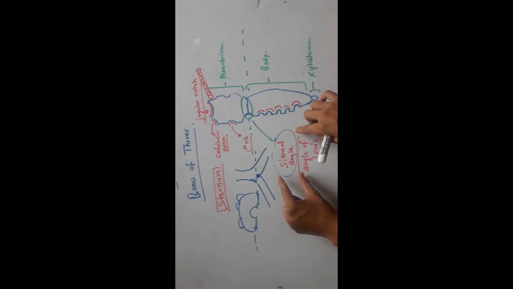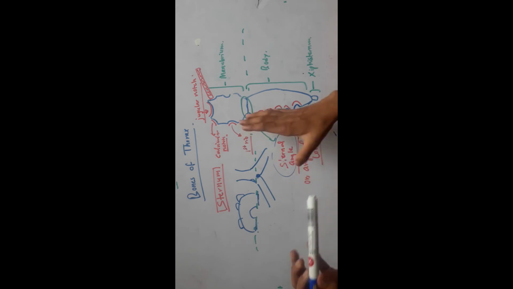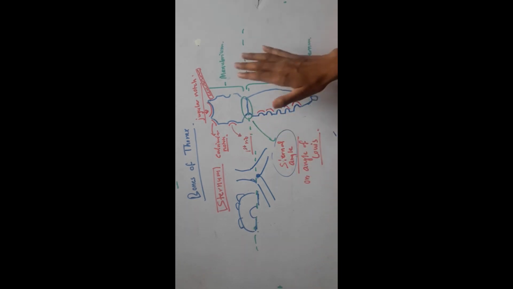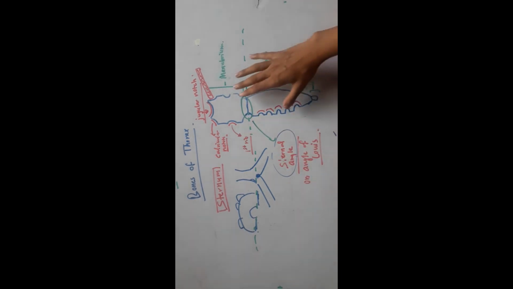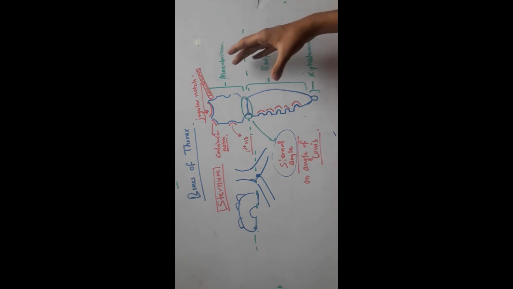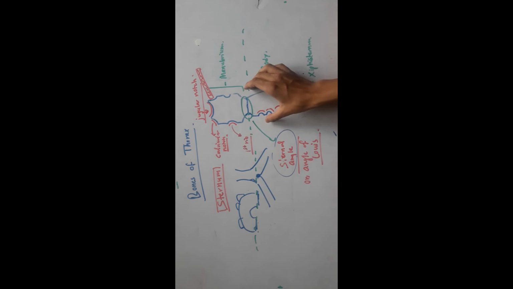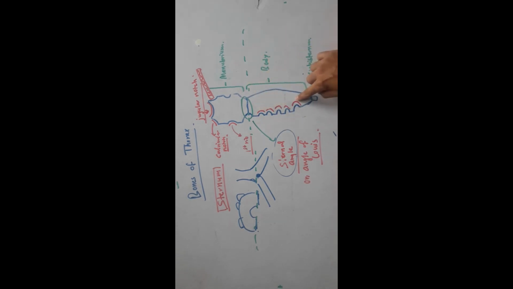So the sternal angle is one of the most important anatomical landmarks in your body. You have to remember where it is. Now moving towards the body, there is not much to say about the body itself. It is elongated, kind of sword shaped, and there are different notches for corresponding ribs, as I've already mentioned.